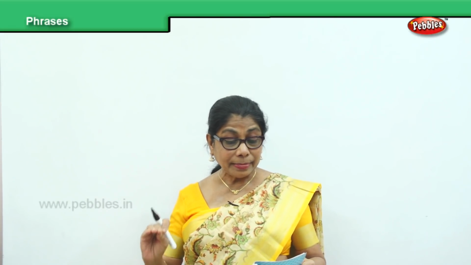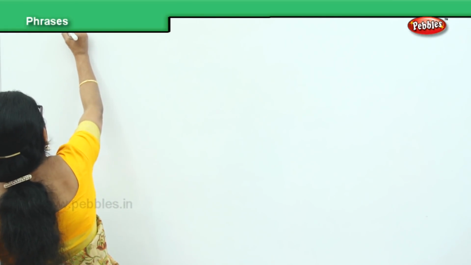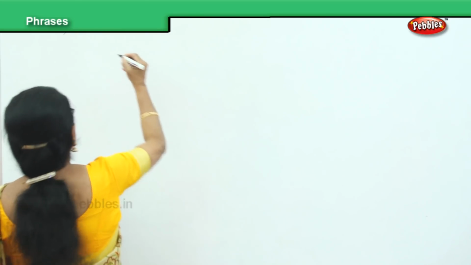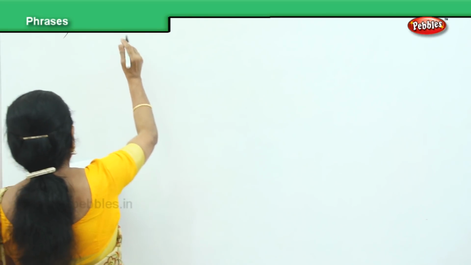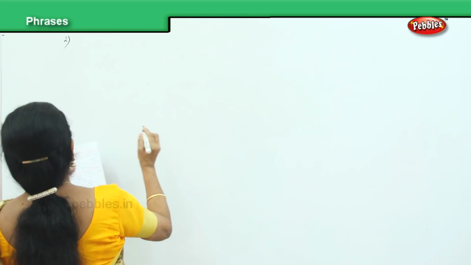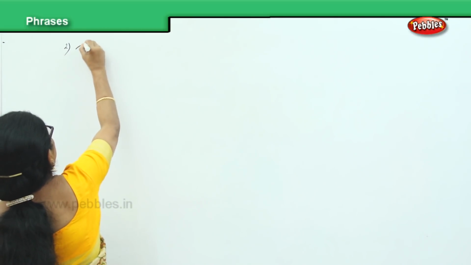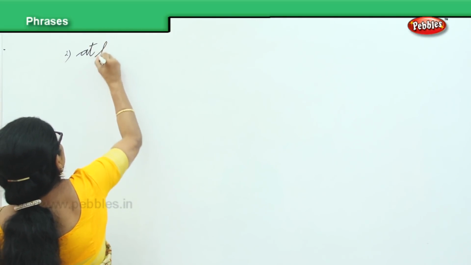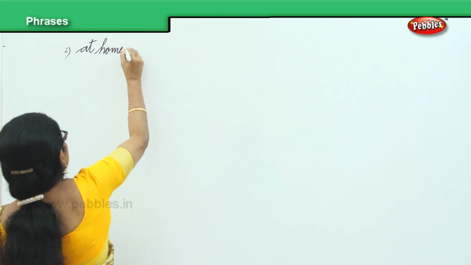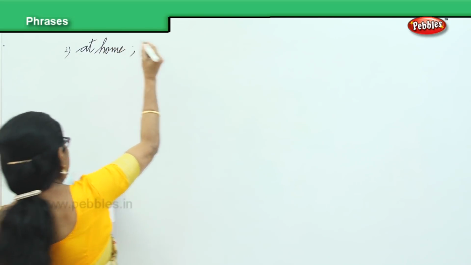Okay, now, we may have a group of words that make sense, but sometimes it does not make a complete sense. Now, you look at it. I'll write it here. As I read, just read for yourself and see what's happening here.